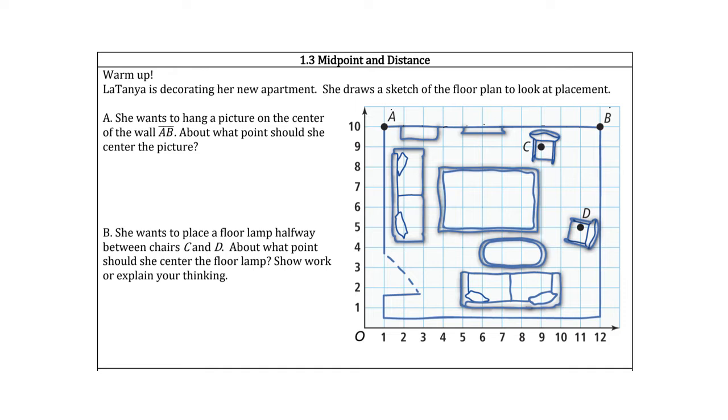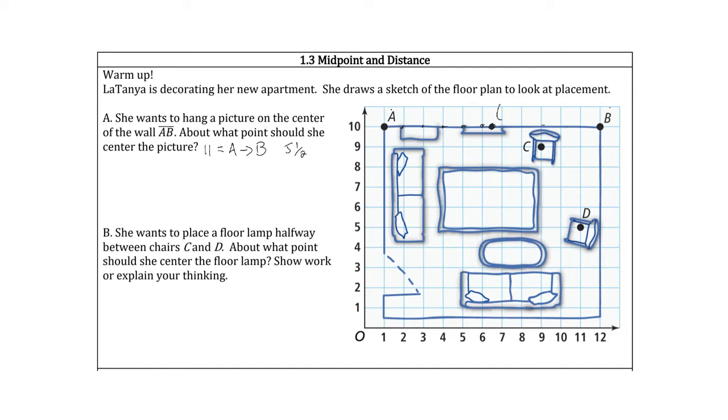So from A to B, halfway in between them would be 5.5. So 1, 2, 3, 4, 5.5 would be right here. Now we just got to figure out what point that is.